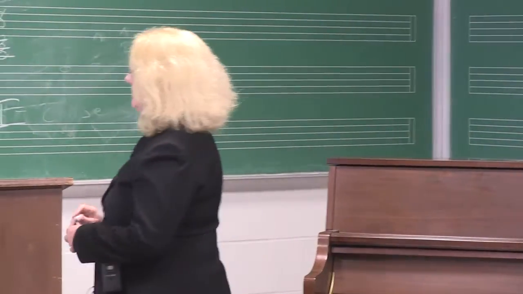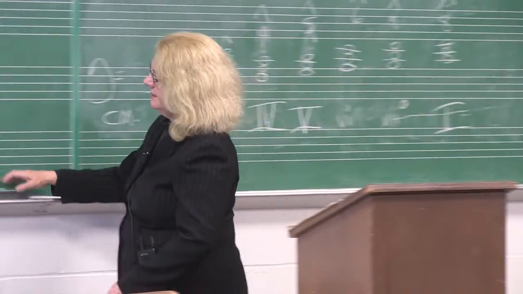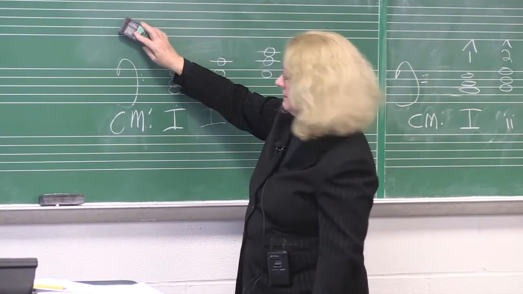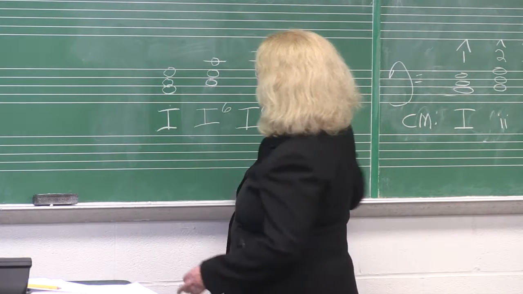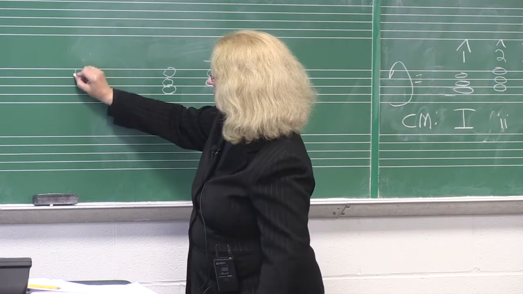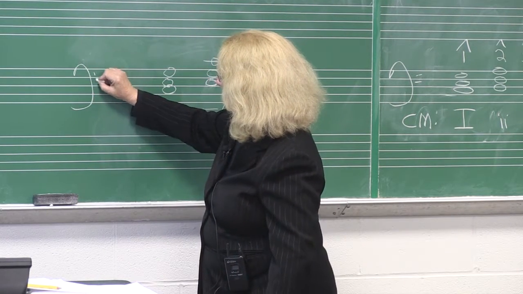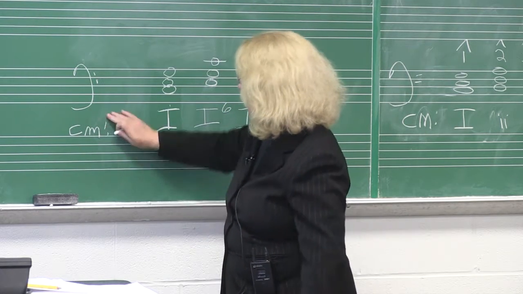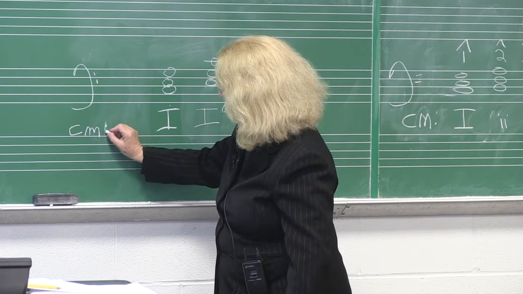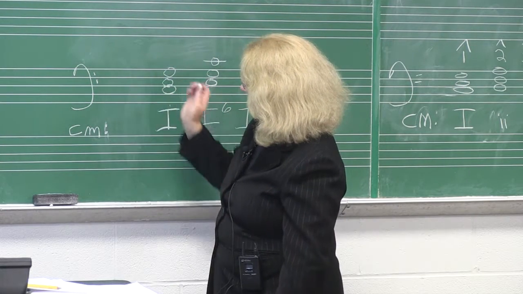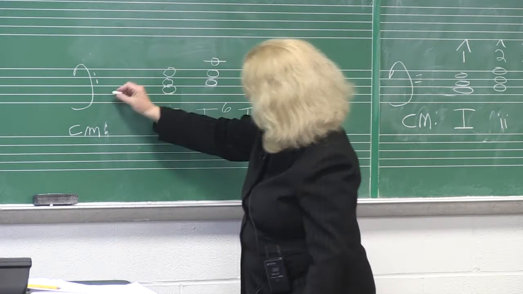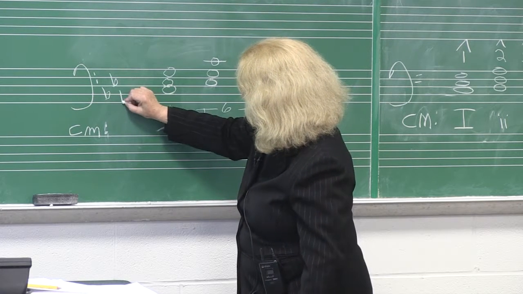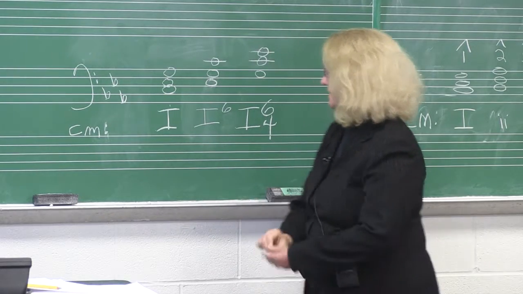The same method works if you're in the parallel key of C minor. But of course, lowercase c, lowercase m, C minor has B flat, E flat, A flat for its key signature.